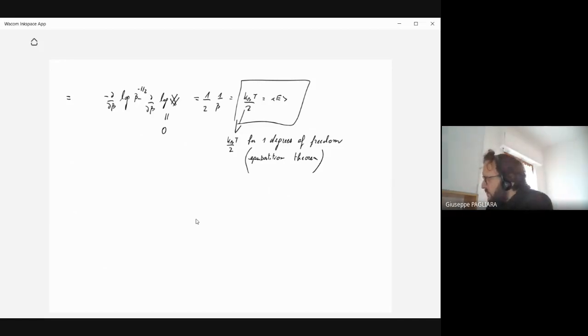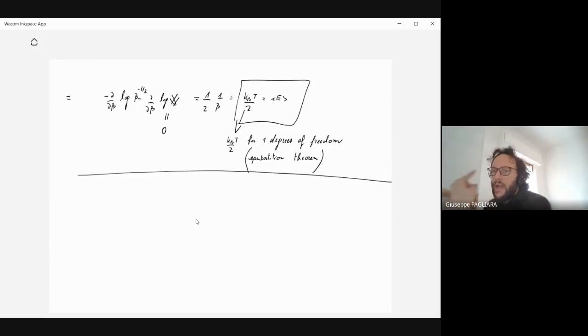Then, of course, but this we will see later, by applying the canonical ensemble to one particle, I can also derive the Maxwell-Boltzmann distribution, because we said that rho, which was proportional to e to the minus H beta, for one particle is just e to the minus beta times the kinetic energy of one free particle.